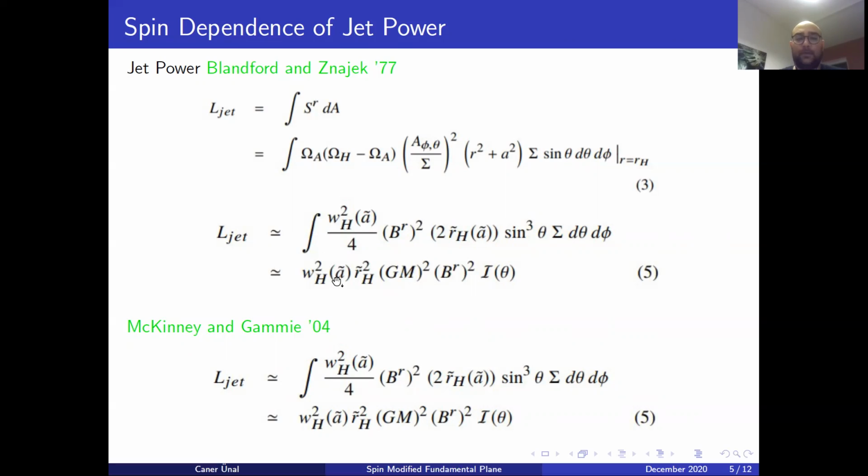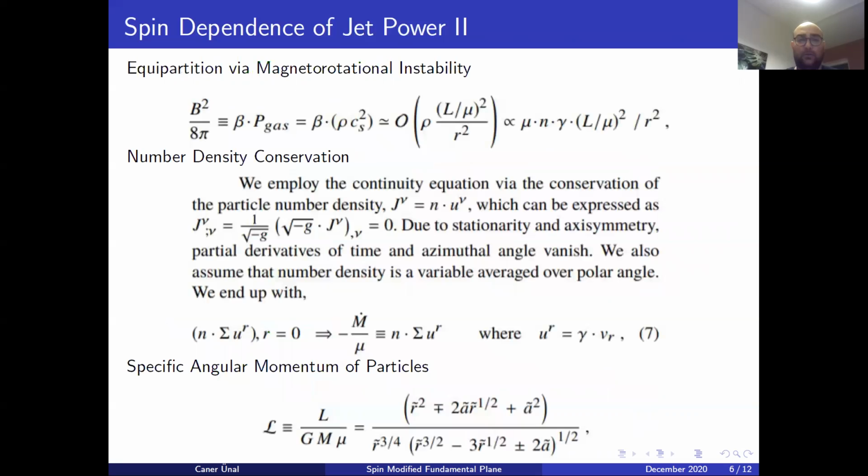The horizon speed is definitely spin dependent, and the horizon size as well. But the spin dependence of the magnetic field has not been worked out well until now. It has been estimated with some basic cosine function, but its spin dependence hasn't been worked out. That's the thing we especially worked on.